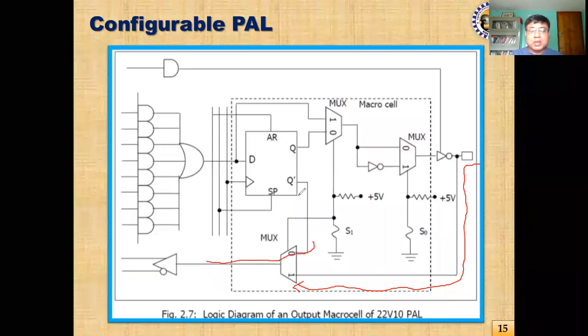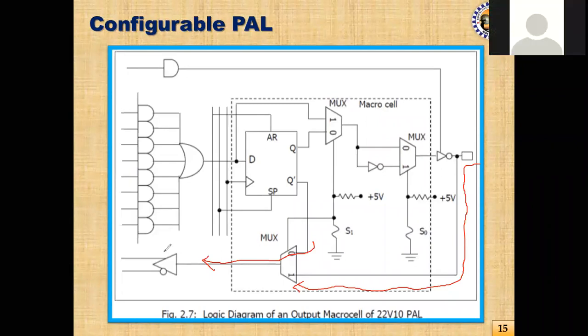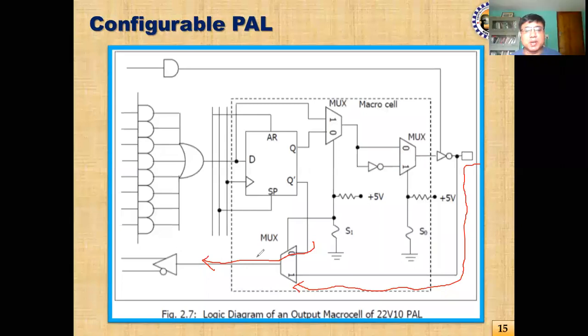So over here, this function can be sent back to the rest of the input, and this provision is just that of the registered PAL. In the registered PAL, we have seen that the Q bar output goes to the rest of the circuit whenever we need to implement a bigger Boolean expression. That provision is there. And whenever this fuse is removed, it is 1, because VCC will be connected to this one.